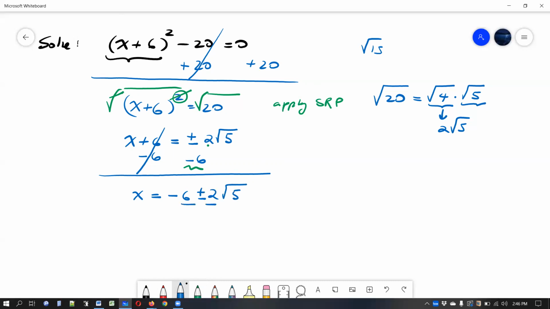These two are not like terms, right? We've covered like terms. They are not like terms because the radical 5 is multiplying the 2. So this is my final answer, minus 6 plus or minus 2 radical 5. So the key element here is this number needed to go to the other side before I can apply the square root property.